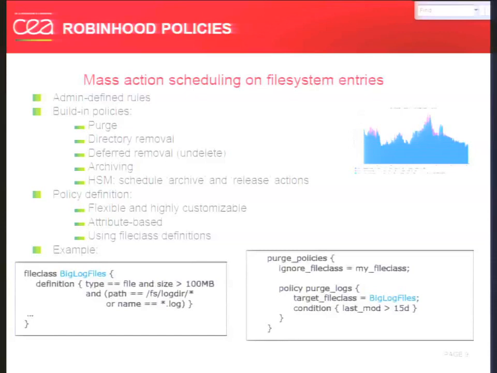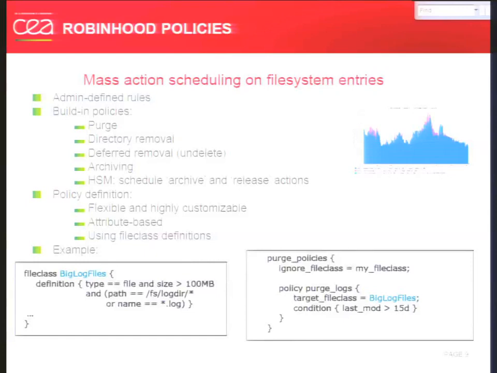There are already several built-in policies: purging, so removing files, removing directories, mostly tree removal, in fact. You can also archive, which means copying, like backup. It's also used for HSM, indeed.